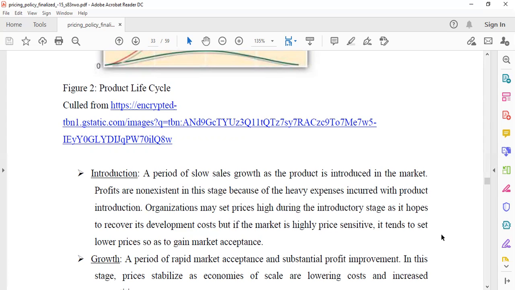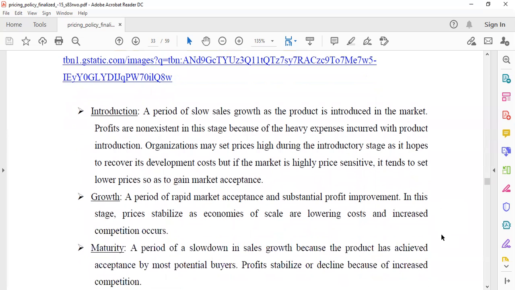Now, from the introduction stage, the product moves to the growth stage. At the growth stage, it's expected that the efforts put into promotion in the introduction stage has yielded results. So at the growth stage, there is market acceptance and there is reasonable profit.